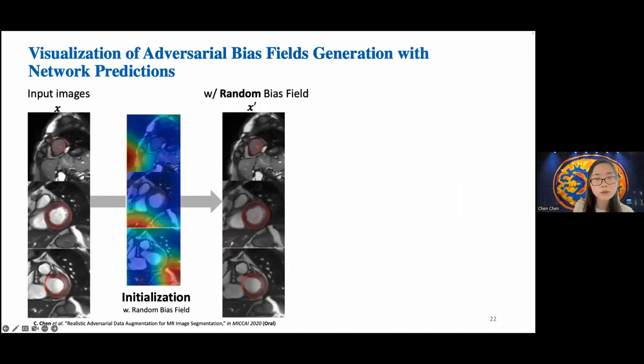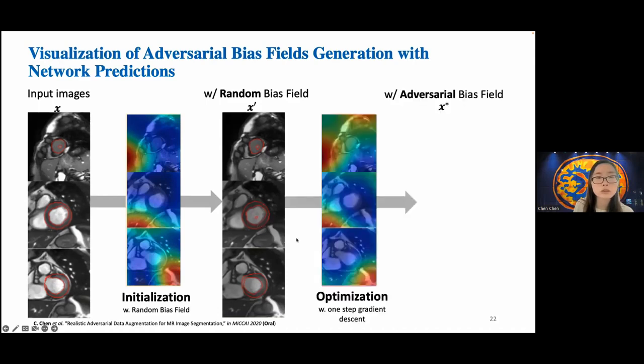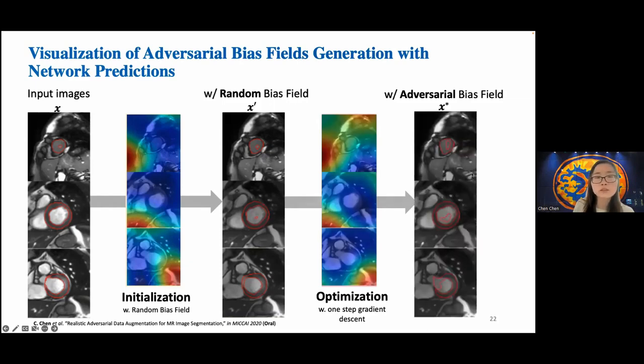And we found that if you look at the predictions, the network can actually perform pretty well, although it introduced some errors in the middle region of this blood pool. If we do one-step optimization to the underlying bias field, we can find that the network can be very sensitive to such adversarial bias field.